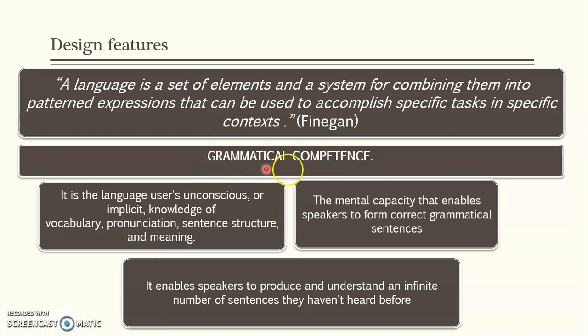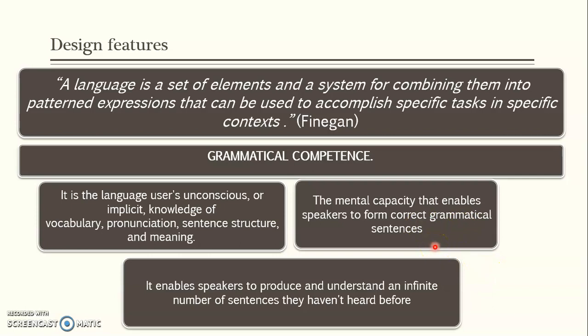It is important here that we all share grammatical competence. Grammatical competence is the language user's unconscious or implicit knowledge of vocabulary, pronunciation, sentence structure, and meaning, and the mental capacity that enables speakers to form correct grammatical sentences.